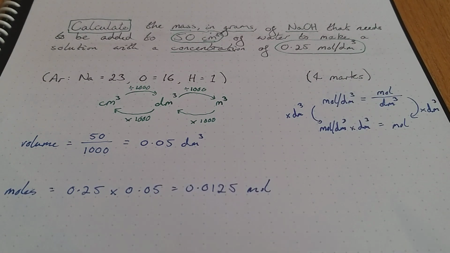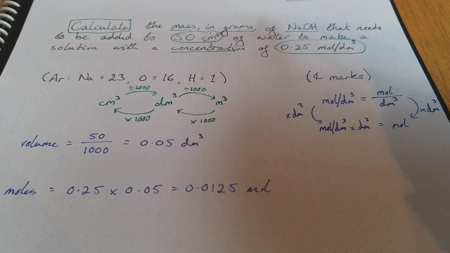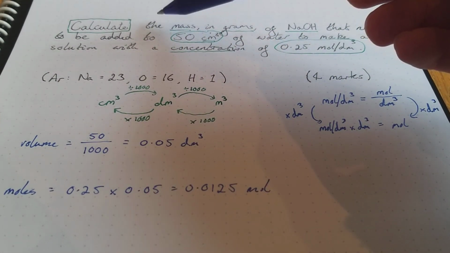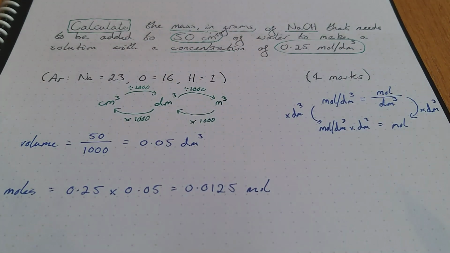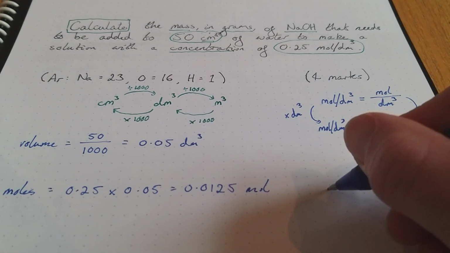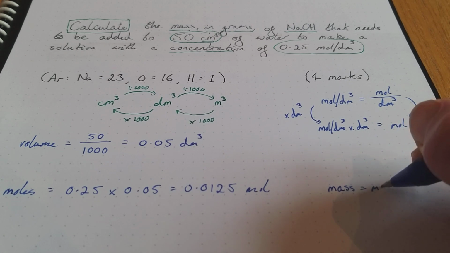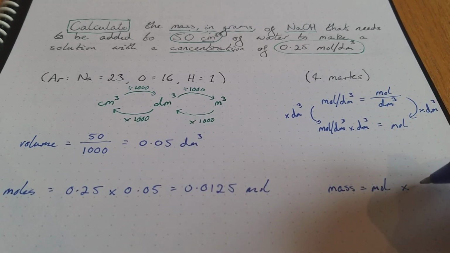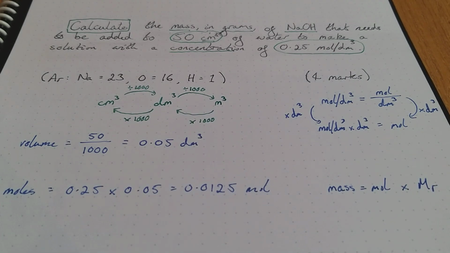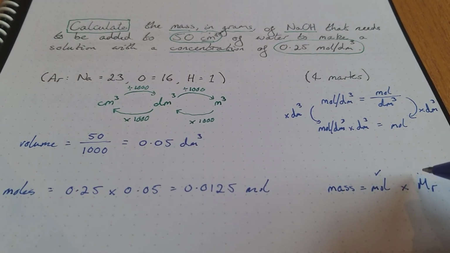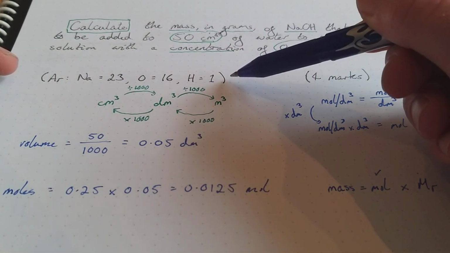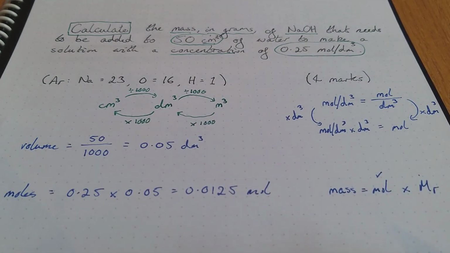Okay, but the question hasn't asked us for the moles of sodium hydroxide, it's asked us for the mass of sodium hydroxide. But we know from calculations that we've done before, the mass is equal to the number of moles times by the MR, the relative formula mass. We know the number of moles, we don't yet know the mass. To work out the MR, well, that's why they've given us the atomic mass at the top here.